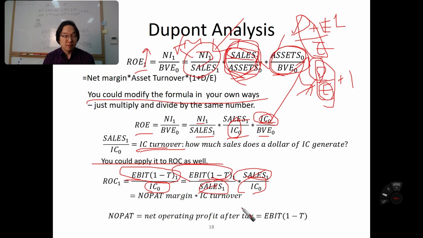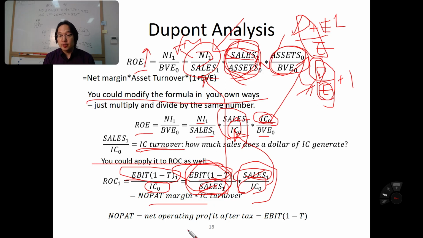Then the first component tells us about profit margin, NOPAT margin. The same idea as this one. Instead of net margin, you just have NOPAT margin. Over here, this is the IC turnover, the same as this one. That's it.